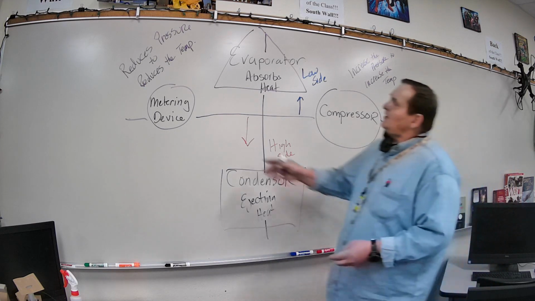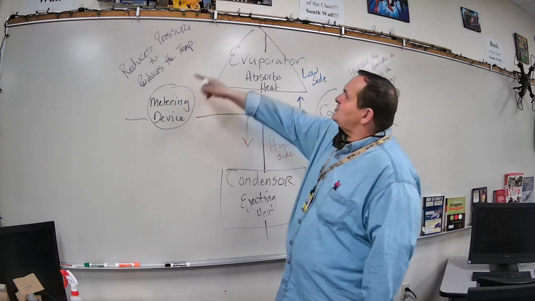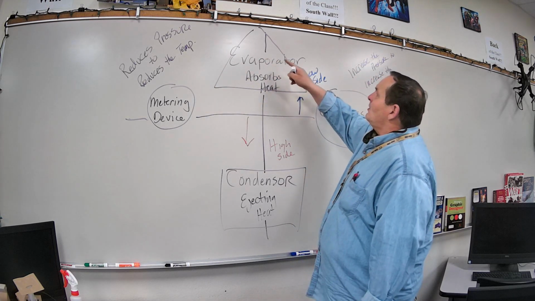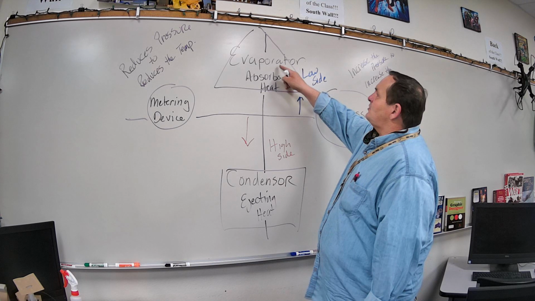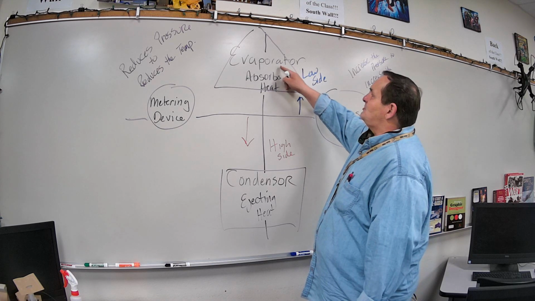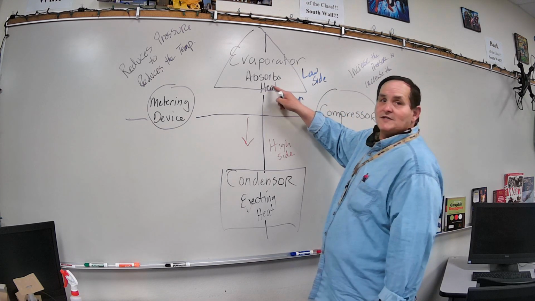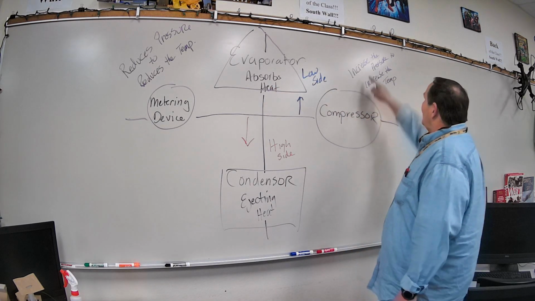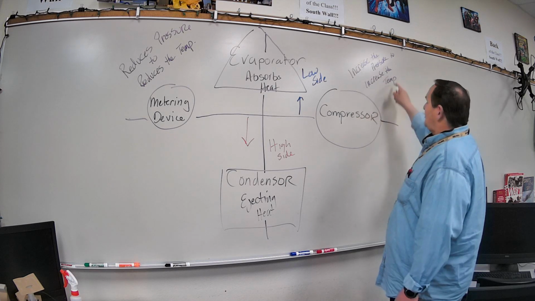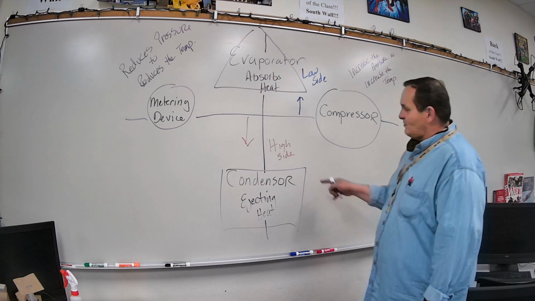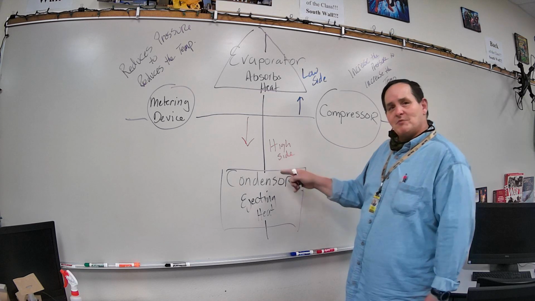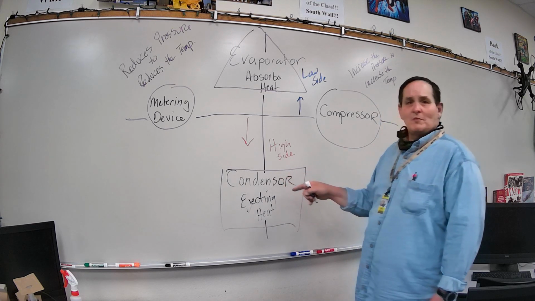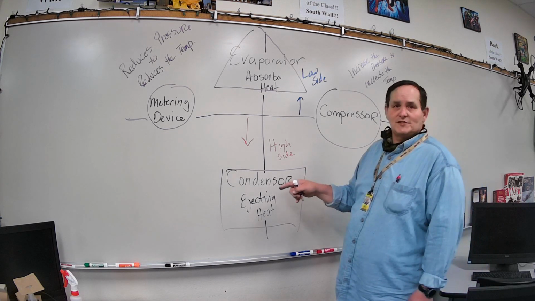All right? So that's why we're reducing the pressure to reduce the temperature, so the evaporator will be a lower temperature than the inside house temperature, so it can absorb the heat. And then vice versa. The compressor increases the pressure to increase the temperature, so the temperature of the refrigerant is higher than the temperature in the outdoor area, which is normally between 95 to 110 degrees, right?